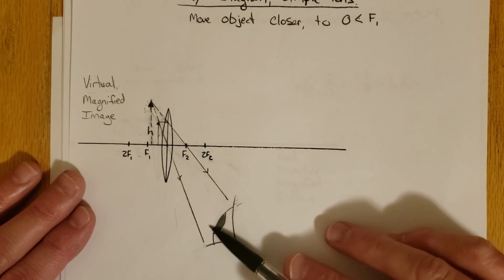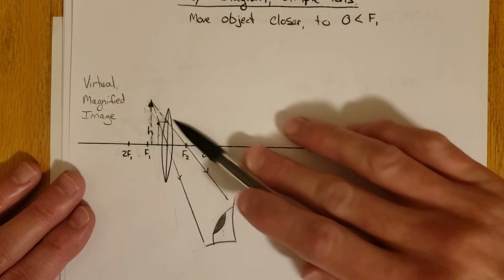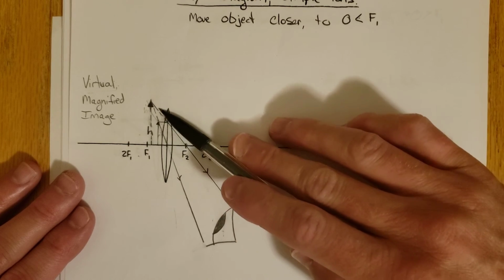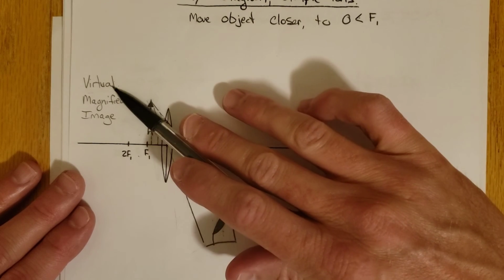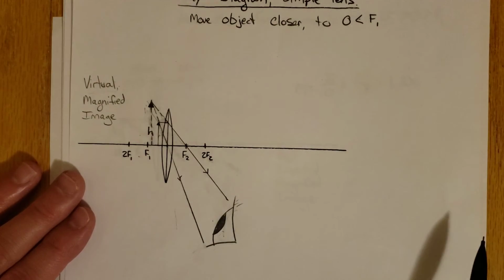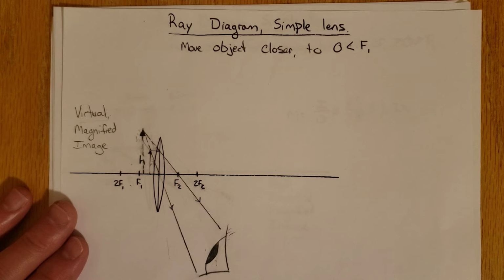A camera or other detector on this side would see this virtual image as well, but the light rays aren't actually going there, and that's why we call it a virtual image. There are other characteristics of virtual images worth looking into, but not in this video.